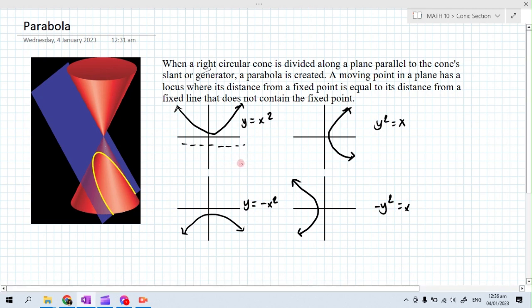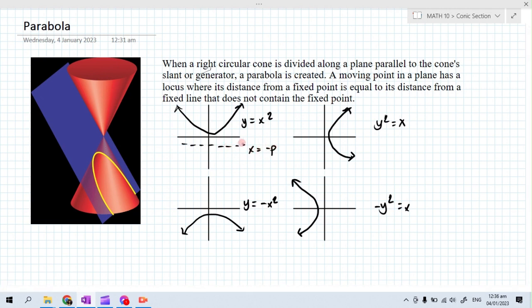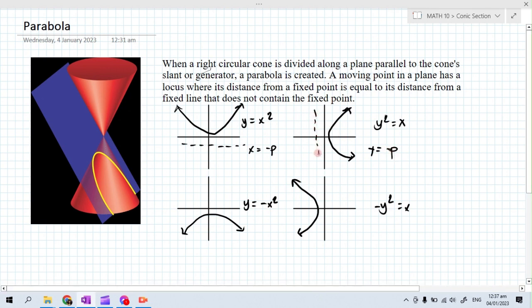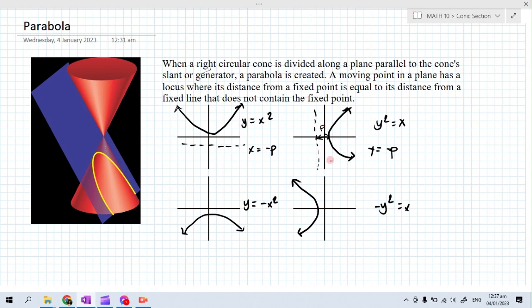Then the directrix here is x equals negative p. However, if your parabola opens to the left or to the right, that will be y equals negative p in this case. And the distance between your directrix and your parabola is also the distance between the vertex of your parabola and your focus.